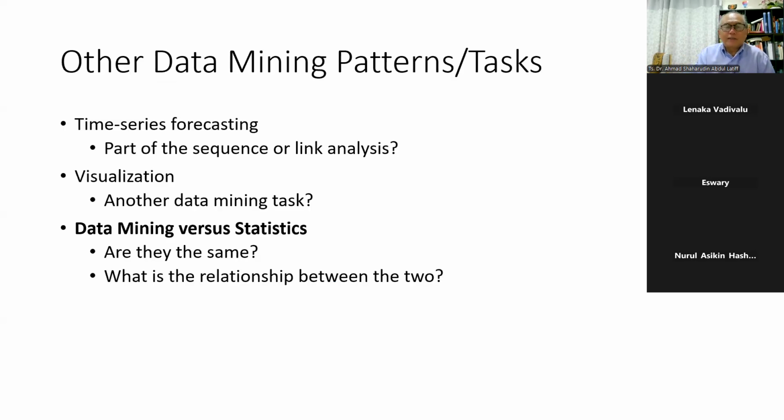And then other data mining patterns include time series forecasting, sequence, link analysis, and visualization. What is the difference between data mining and statistics? There are two types of statistics, inferential statistics and descriptive statistics.